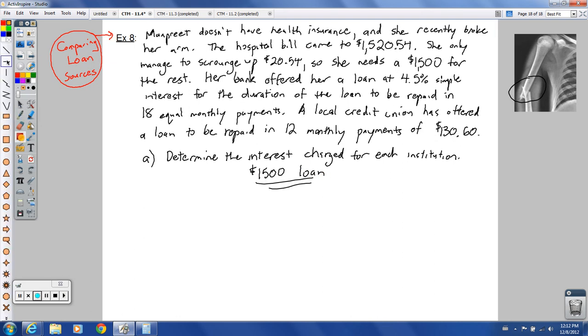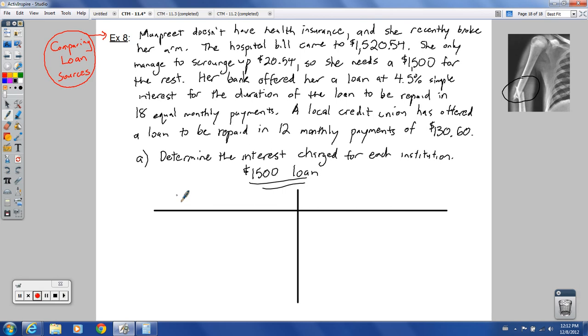And let's make a little table. We'll split this up into our two options. We've got the bank and the credit union. Let's put the bank over here on the left, the credit union on the right. For the bank, we can use the formula I = PRT. The principal is $1,500.